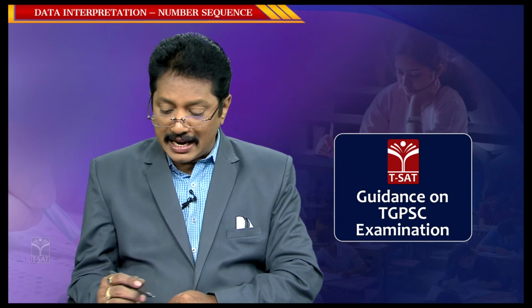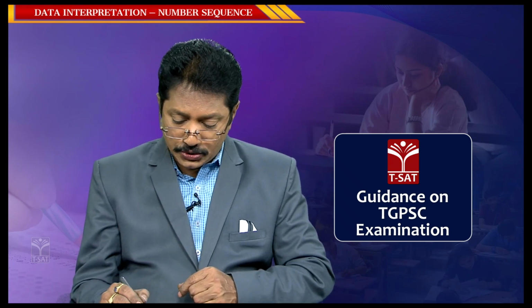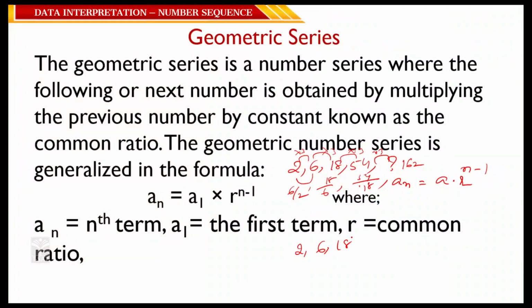Okay. And one more important thing: if you take 2, 6, 18, these are in geometric progression, or GP. 6 squared is equal to 2 times 18, correct? So, if A, B, C are 3 numbers which are in GP, then B squared equals AC.